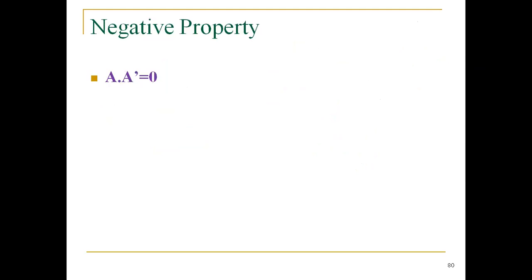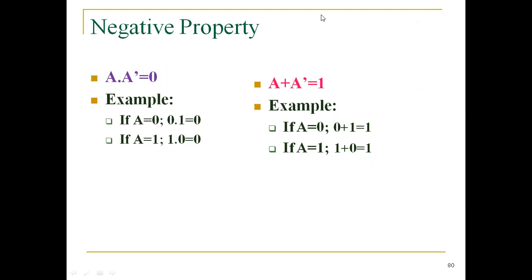And then negative property for both the cases. Negative means opposite to the previous one. So if 1, its negative equal to 0, 0 its negative equal to 1. The same thing we have already discussed in an earlier slide, is called complement. That particular property is called complement property.